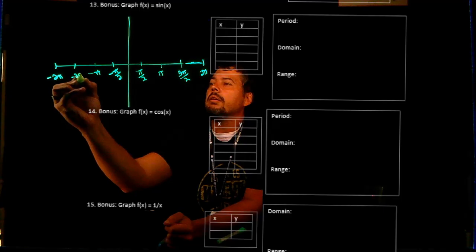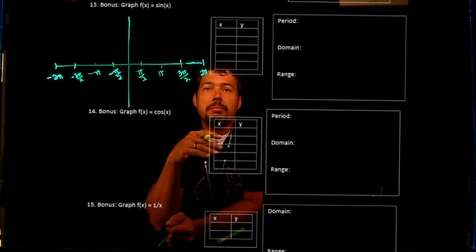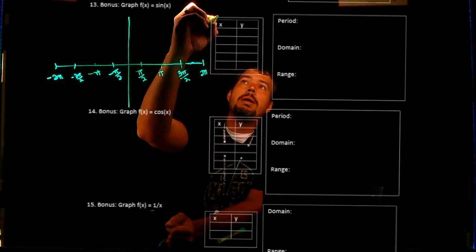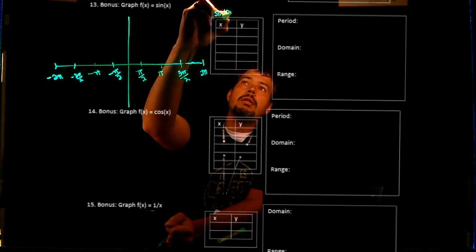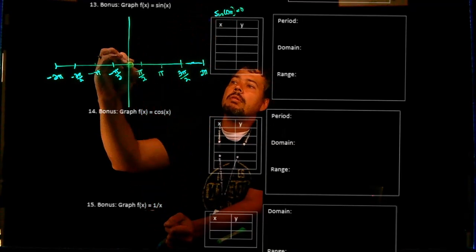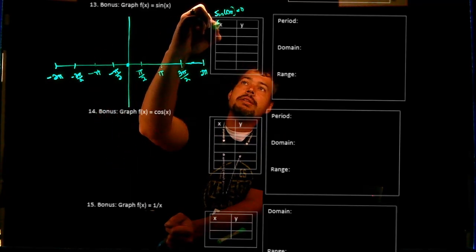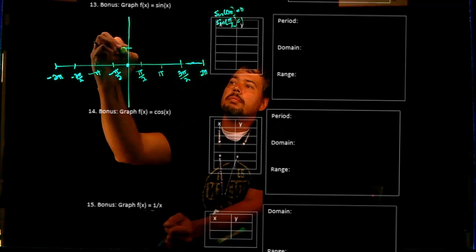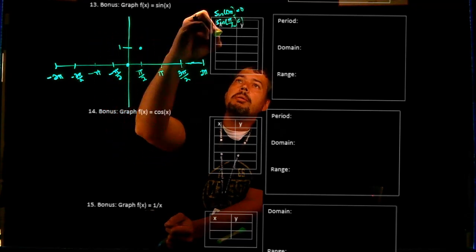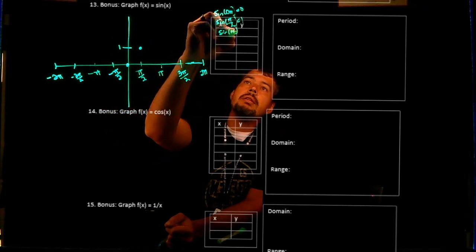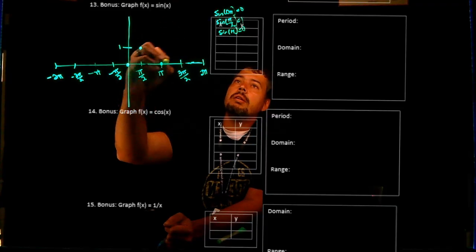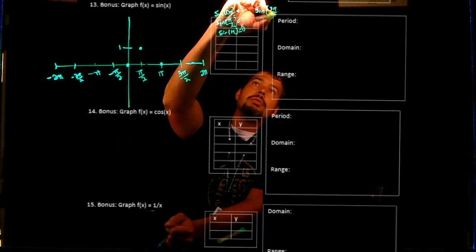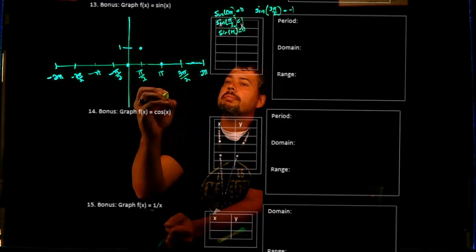Let me just repeat this over here. And at some point in time in this class, you'll be memorizing certain values. You will memorize that the sine of 0 pi is 0. And you will memorize that the sine of pi over 2 is 1. And you will memorize that the sine of pi is 0. And you will memorize that the sine of thrice pi over 2 is -1.